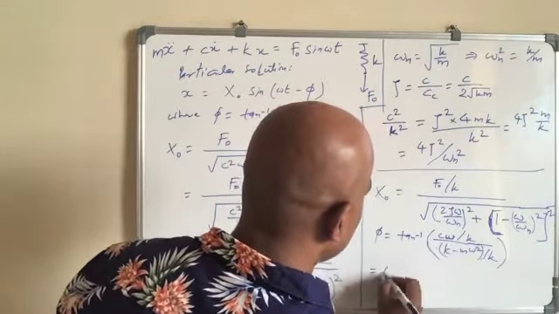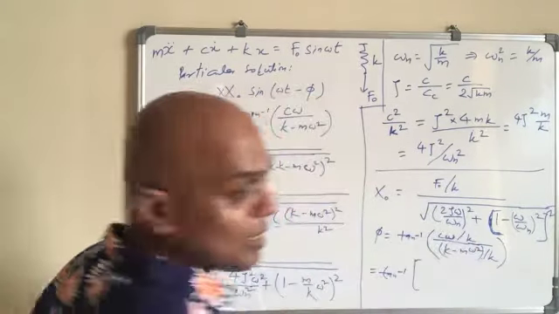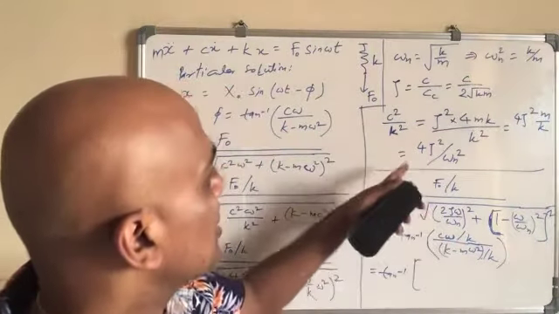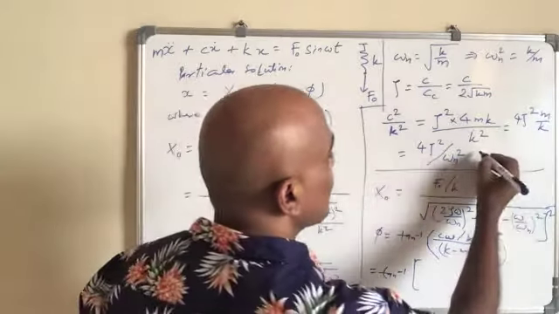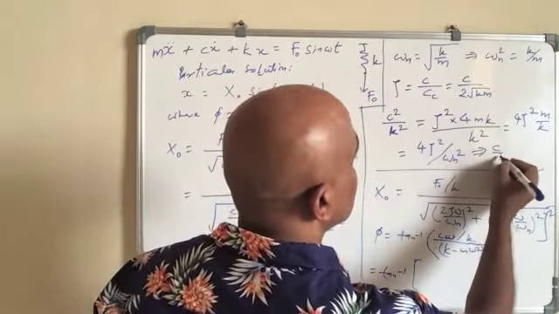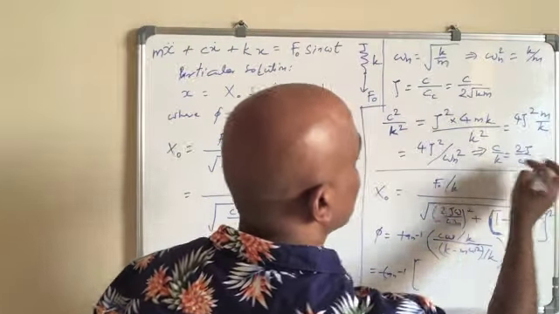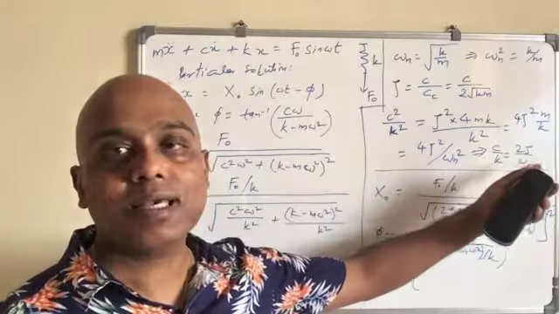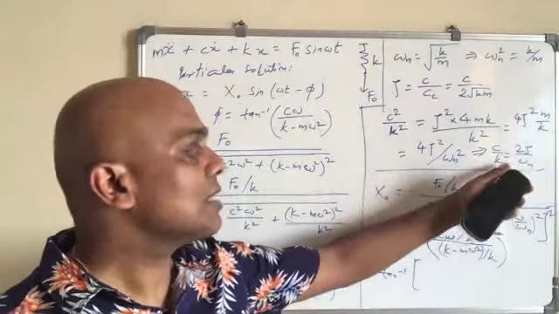So we get tan inverse, and C over K times omega. C over K is equal to 2 zeta over omega n. As we know, zeta is a positive number and omega n is also positive.